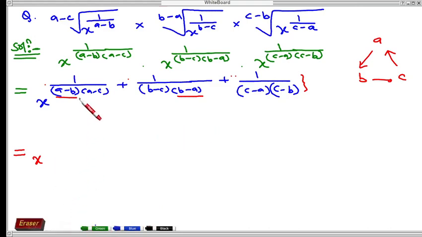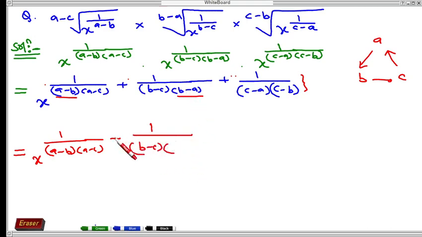X to the power 1 over a minus b, here a minus c, I keep a minus c, minus here I just change b minus c, and here order changing, that is a minus b to make this common, and the minus c minus a into a minus c 1, c minus b into b minus c 1, both sign change, that's why it remains the same, a minus c and this is b minus c.